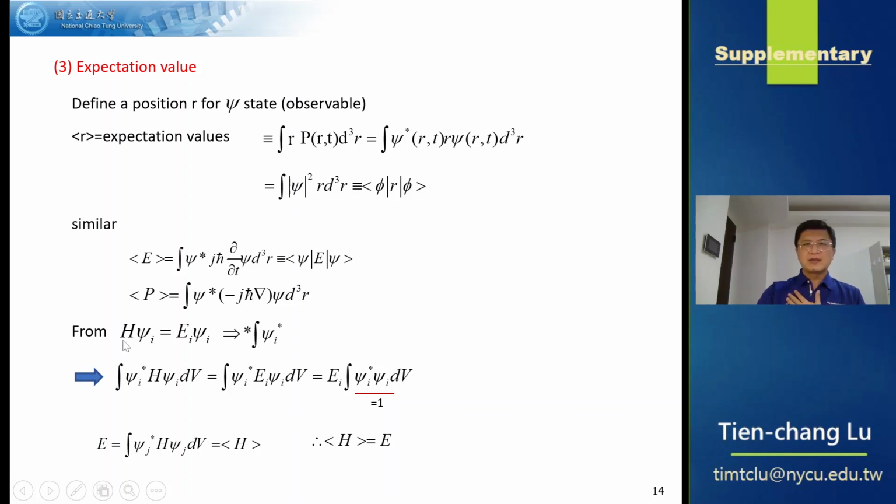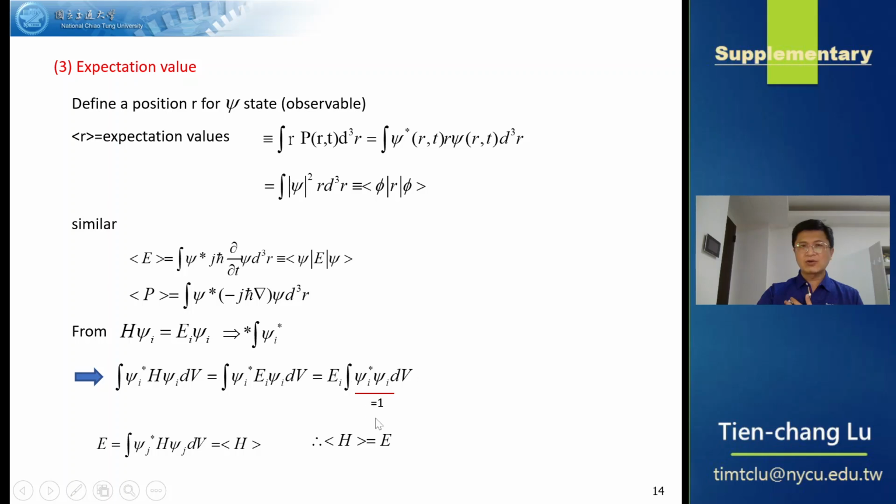We can also know that from the Schrödinger equation, H acting on phi_i will give us the eigenvalue E_i, because E_i only belongs to this phi_i. If we multiply by the complex conjugate and integrate over the space, the Schrödinger equation now becomes this. Because E_i is only a value, it is not an operator anymore, since E_i is an eigenvalue, we move it out.